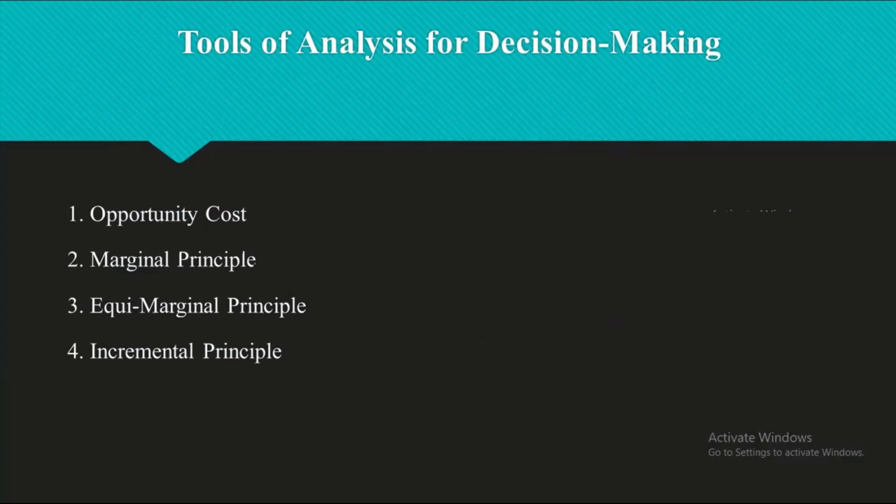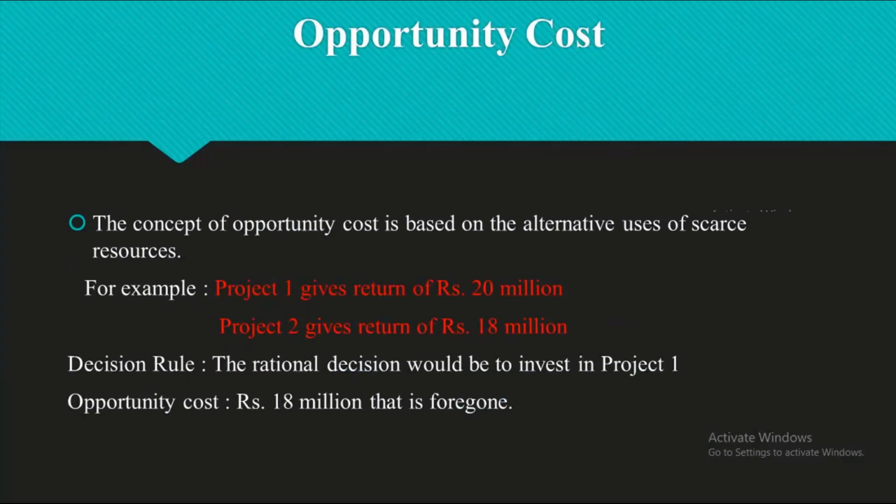Opportunity cost is actually the second best alternative that one forgoes or sacrifices, and the economic gain that could have been achieved if one had taken up that alternative. That is what is known as opportunity cost.